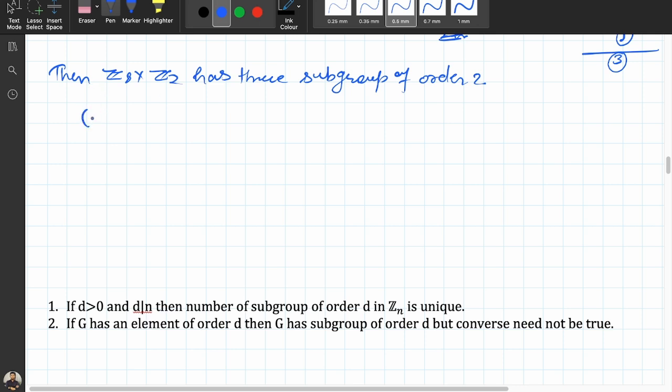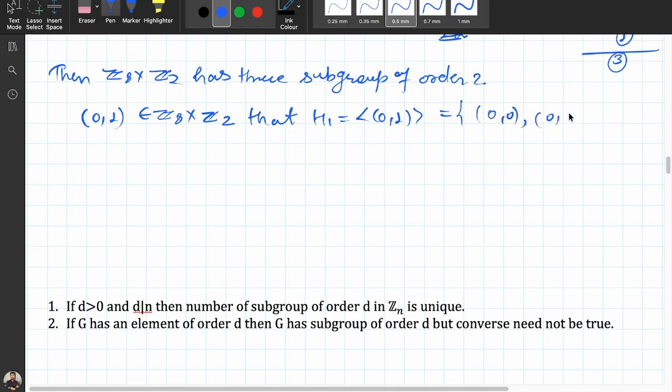What are those? 0, 1 belongs to Z8 cross Z2. That simple. H1 we can write 0 like this, 0, 1. Now from here we can simply write 0, 0 and 0, 1 because identity will be there, of course, because if identity is not there, then we can't write.